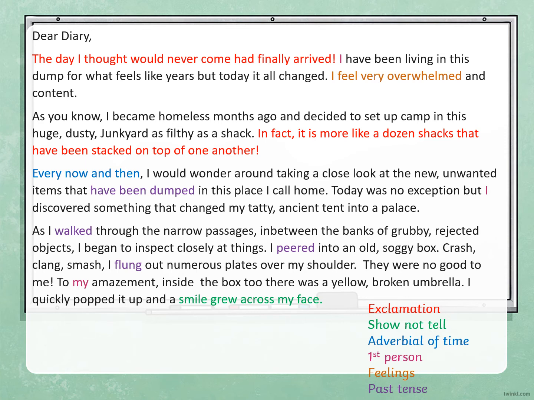So past tense, a lot of the verbs you would add ed, but some of them you would change. So I flung, so that's the past tense, fling if you're doing it right now. So you need to really think about the past tense of some of the words you use within your diary.